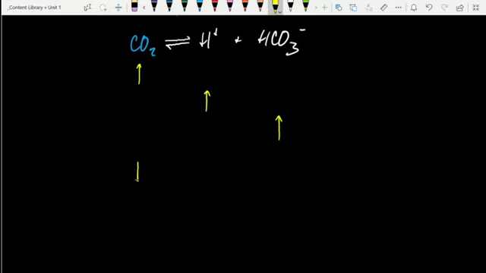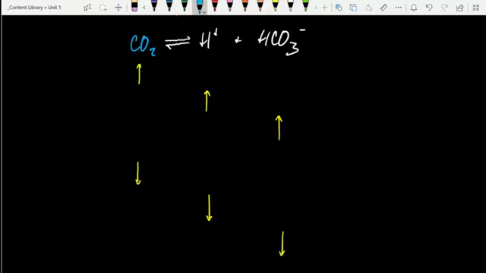We can decrease carbon dioxide, we can decrease hydrogen ion, or we can decrease bicarb ion. These are 6 different ways where I could put stress to this equilibrium in my body. And our job for each of these is to predict what happens and understand how the other components are going to adjust.